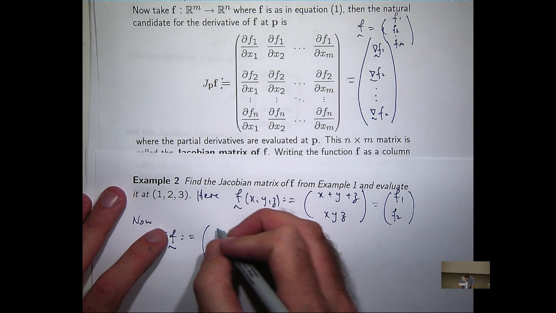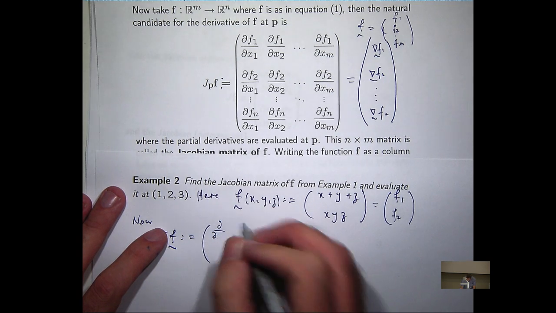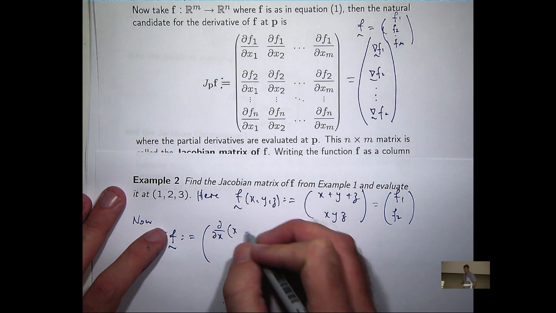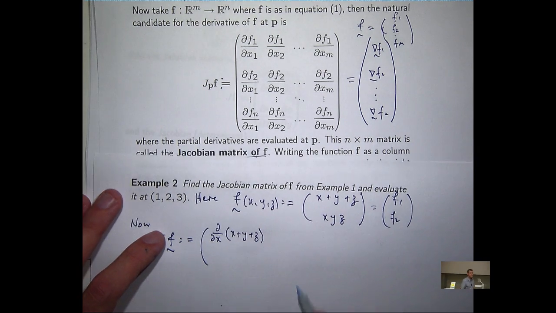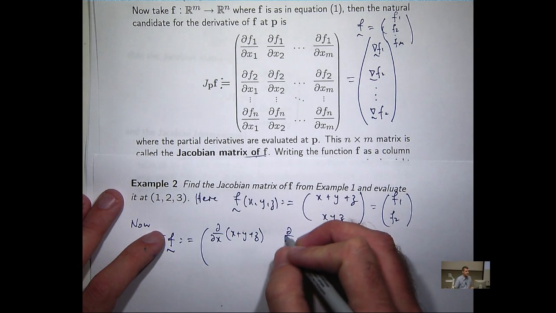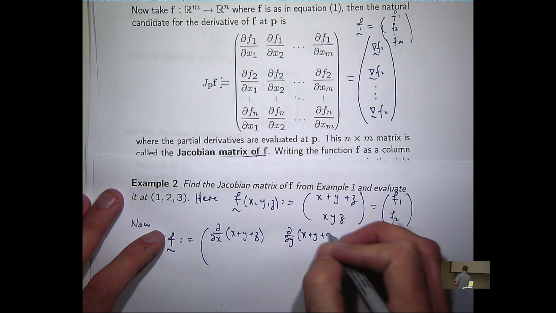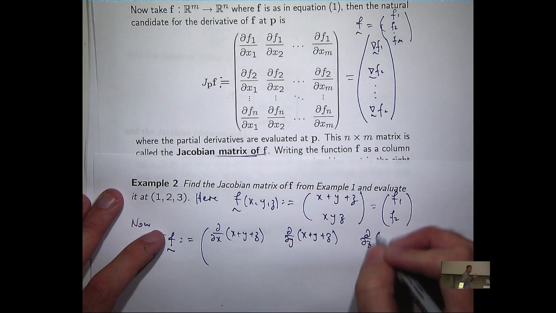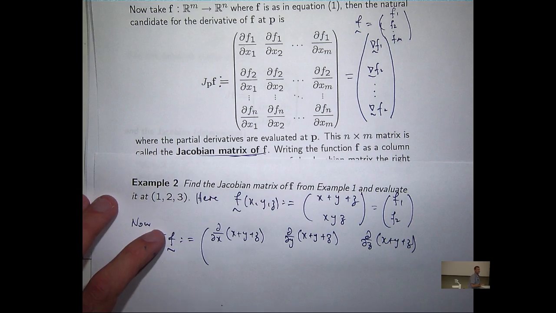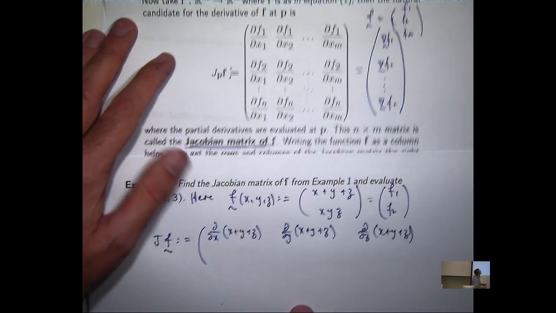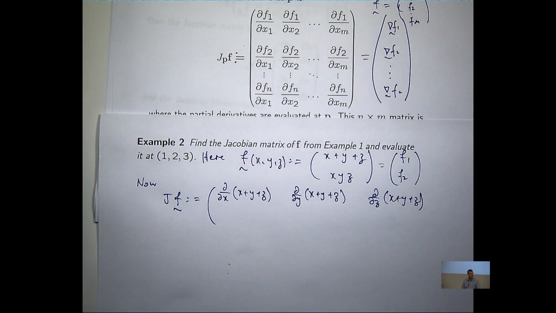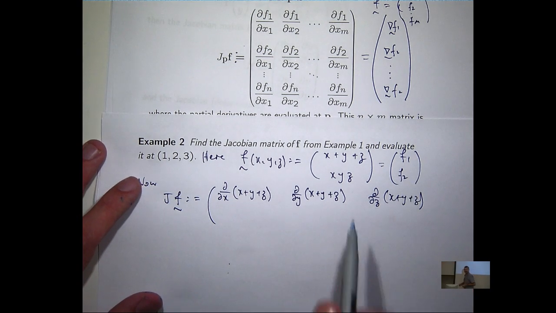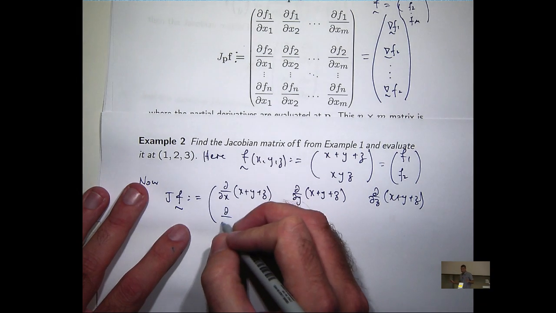So in terms of partials, it's going to be something like this. Now let's write down the gradient of the coordinate function f sub 2 and write that as a row.